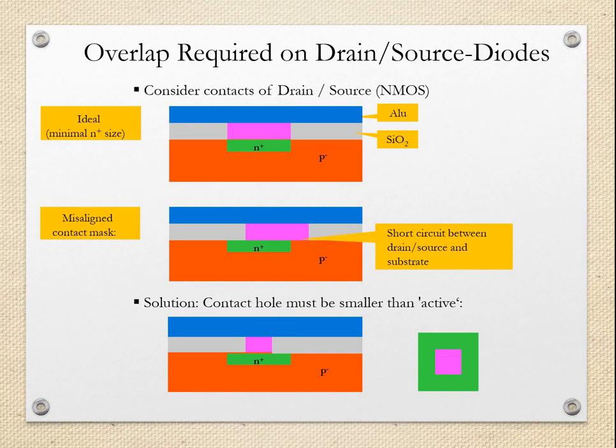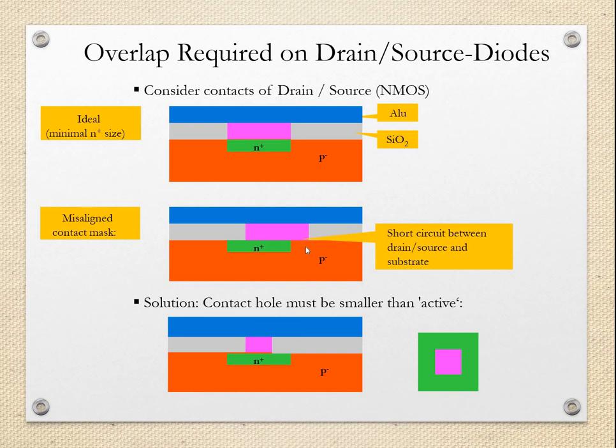Consider the contacts of drain and source, and we can see this diffusion and this SiO2 layer. We have a contact mask, which is shown with the help of pink color, and this contact mask is misaligned.